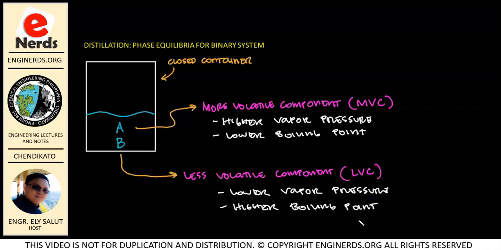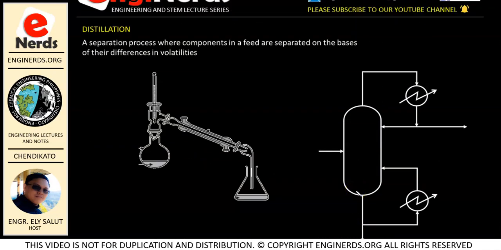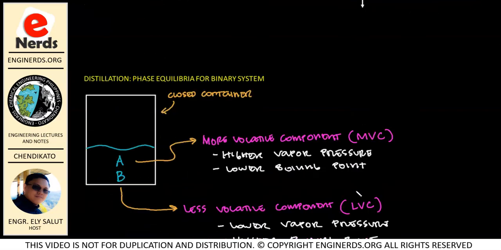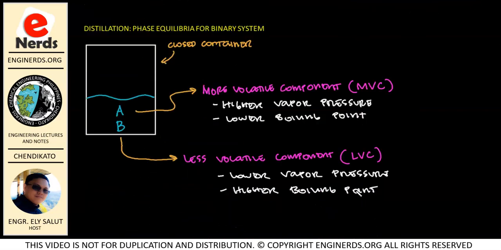Okay? So, we will determine that later in our diagrams above. But let us first explain this phase equilibria for a binary system. So, we already identified our components. We have a more volatile component and a less volatile component in our binary system.